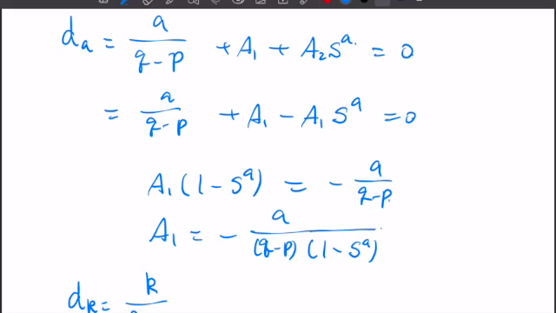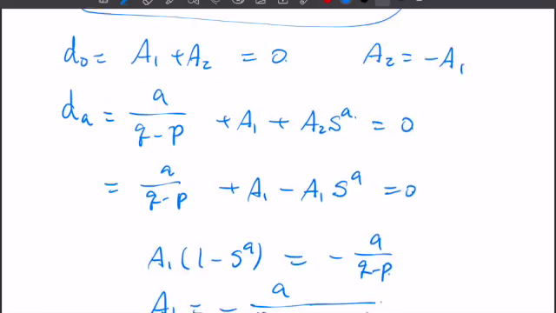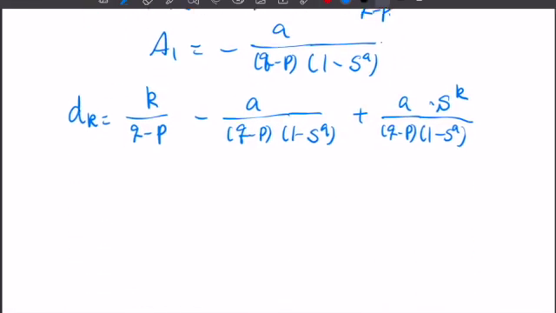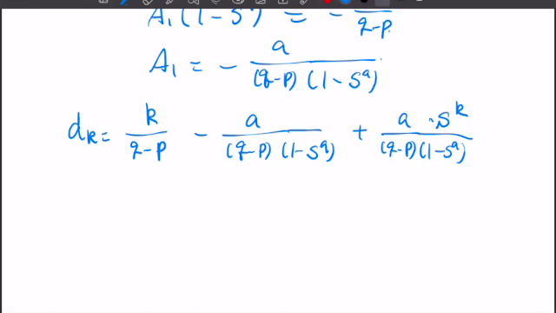Okay, so that's it. The general solution is k over q minus p, minus a over (q minus p)(1 minus s^a), plus a over (q minus p)(1 minus s^a) times s to the power of k. So this should be the final solution.